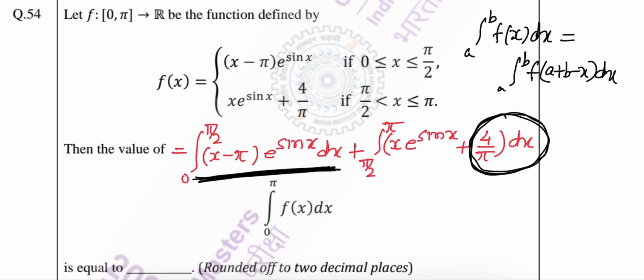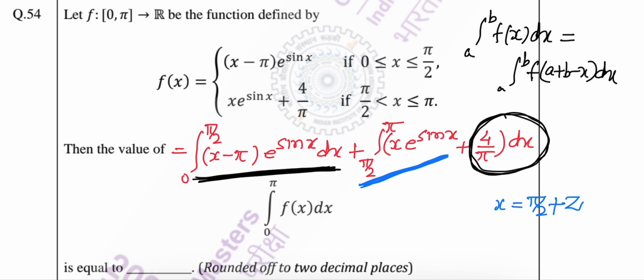Okay, and now see the blue underlined part. For this part I will be using a substitution, x equals pi by 2 plus z. Remember this one and these two.